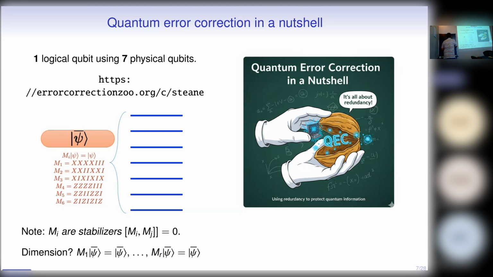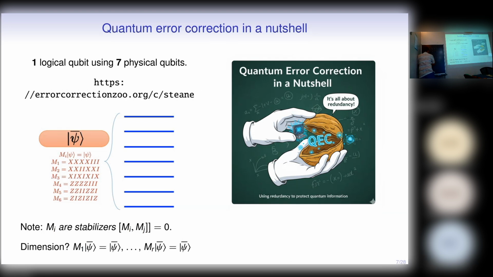Again, just because we'll be seeing it multiple times. So these are the 6 that I call M1.